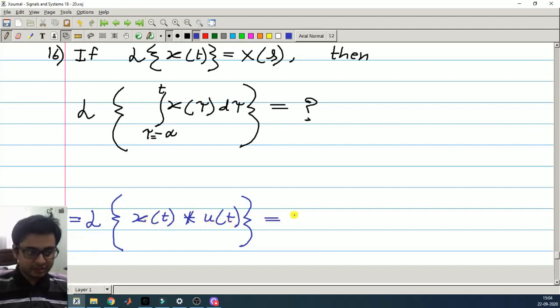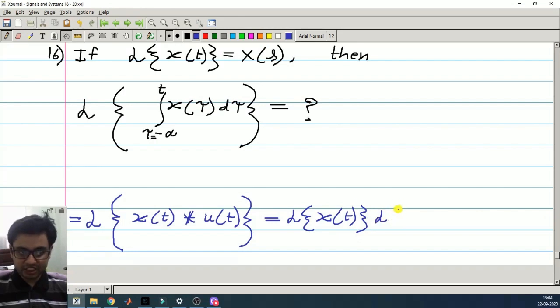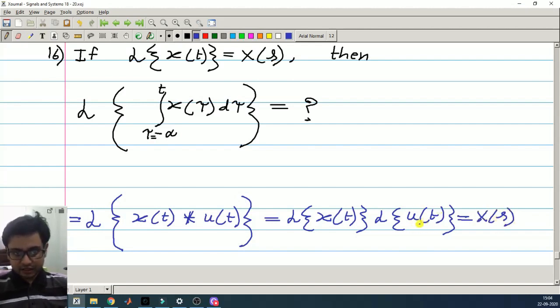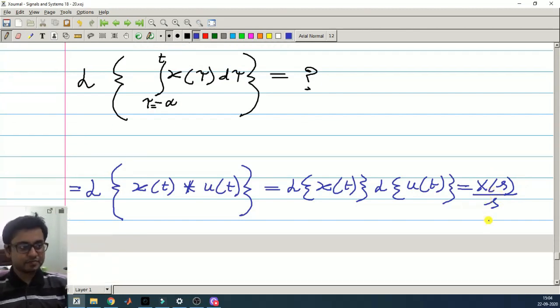So that will be Laplace transform of x multiplied with Laplace transform of u, according to what we have learned just now. So this is equal to capital X(s), and Laplace transform of u(t) is 1 by s. That is the answer. Done.